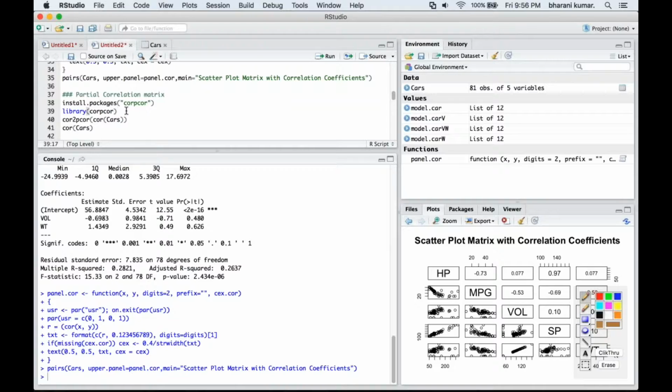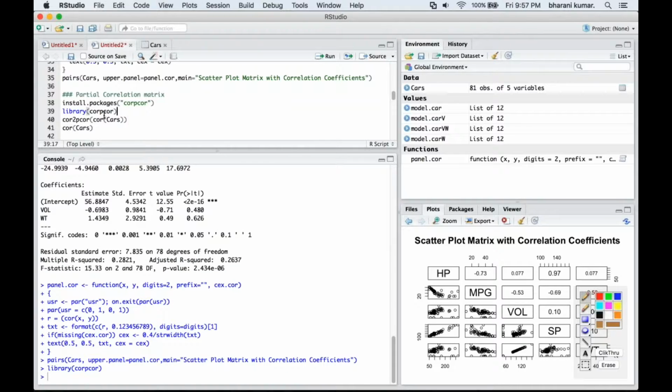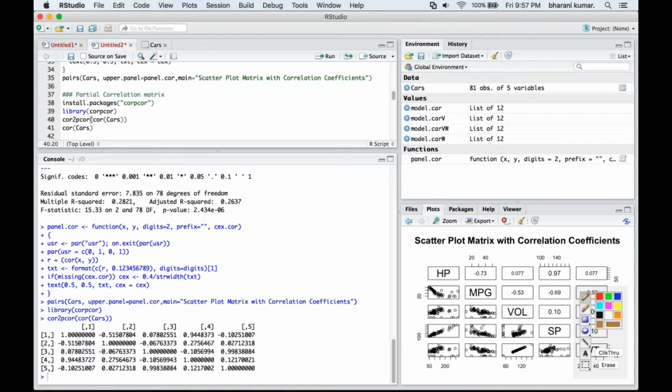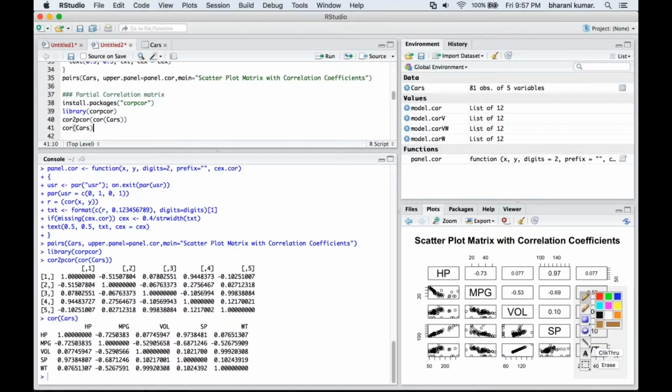So in order to come up with partial correlation coefficient value, you load this library, and this is the function. There you go. And let me also compare this with the correlation coefficient values. Okay. Now here it was 0.99 between volume and weight, but here it is 0.998.